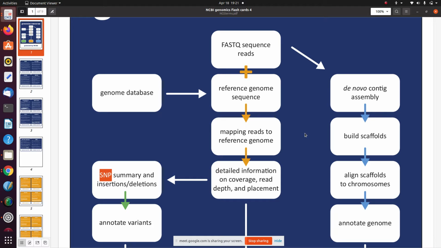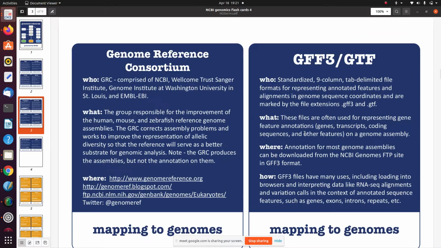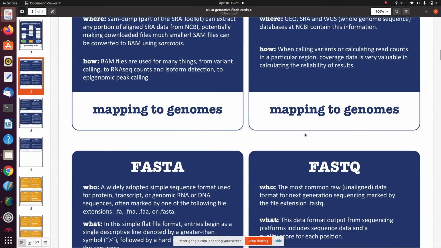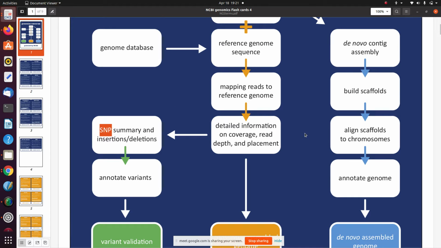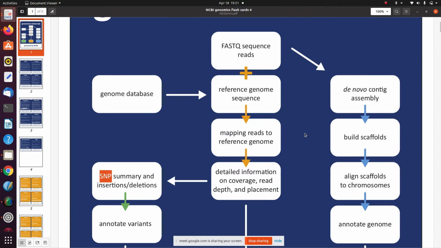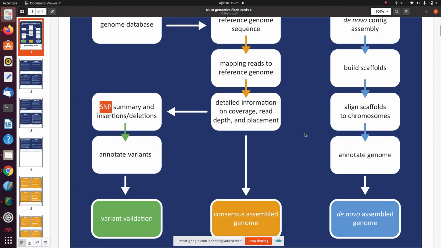Okay, for de novo assembled genome, what are the steps? De novo contig assembly, build scaffolds, align scaffolds to chromosomes, annotate genome, and then the de novo assembled genome.